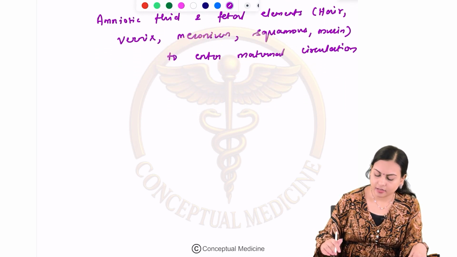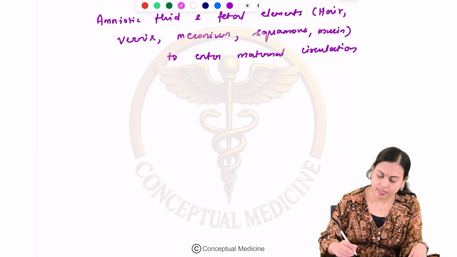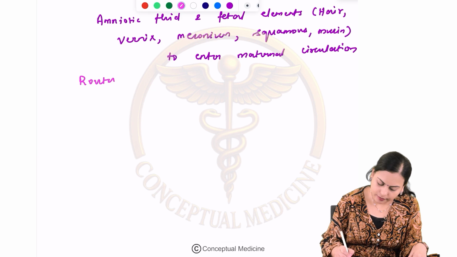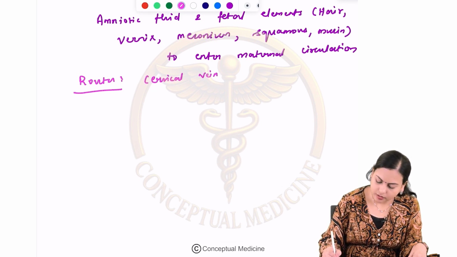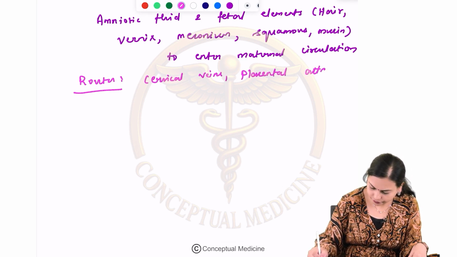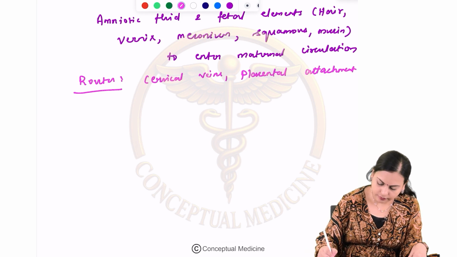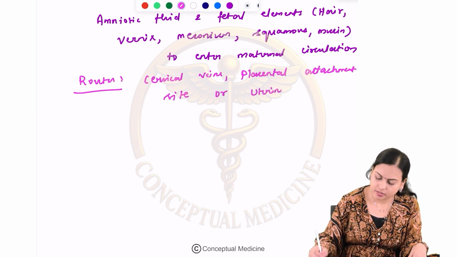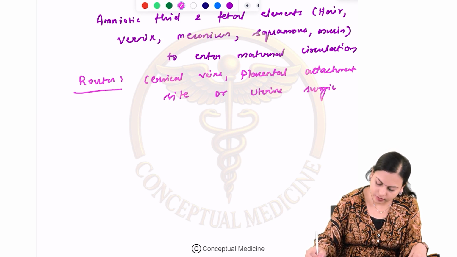It can enter through various routes like the cervical veins, placental attachment site, or even the uterine surgical incisions.